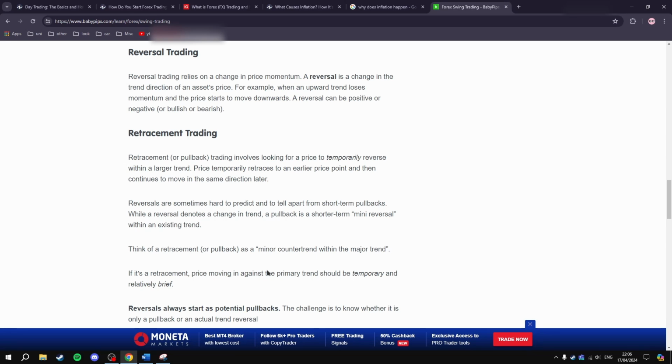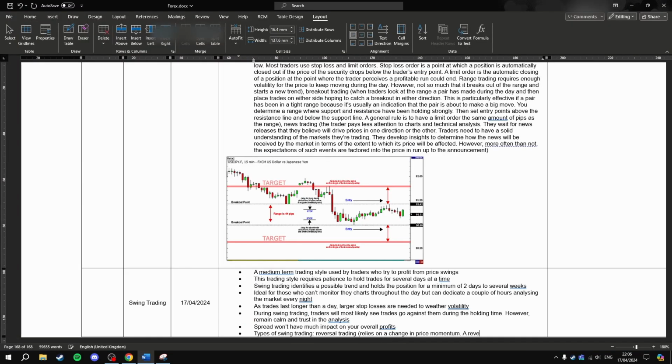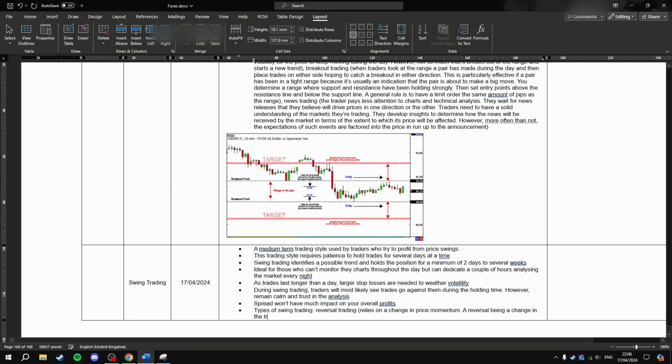For example, when an upward trend loses momentum and the price starts to move downwards, a reversal can be positive or negative, or bullish or bearish. A reversal being a change in the trend direction, i.e. from uptrend to downtrend.